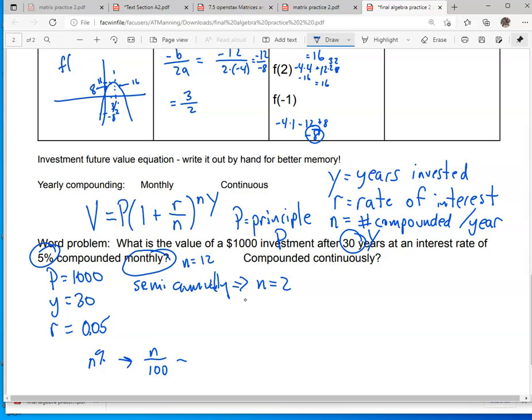But as long as you know that formula, now you just have to put it into the formula. All I do is put in my calculator 1,000 times 1 plus r, 0.05, over n is 12, because it's compounded monthly. Take it to the power of n times y, or 12 times 30.